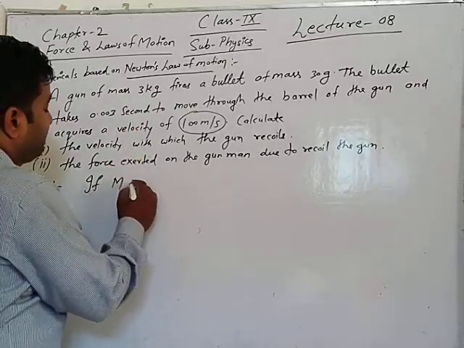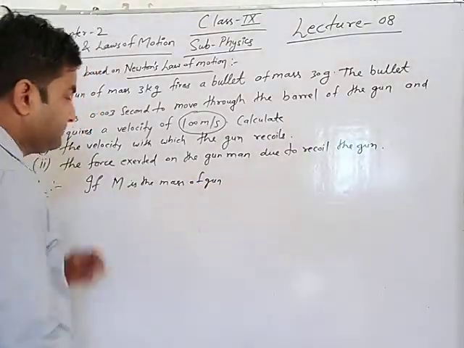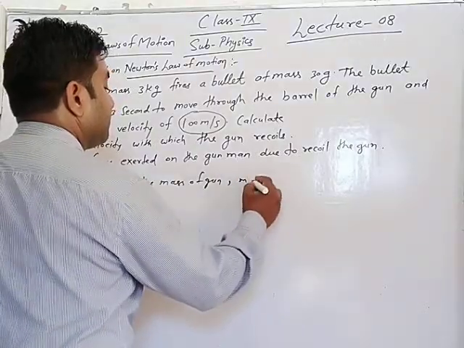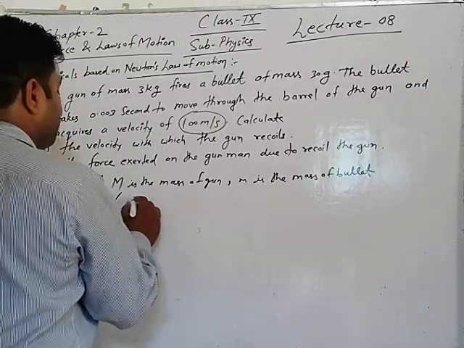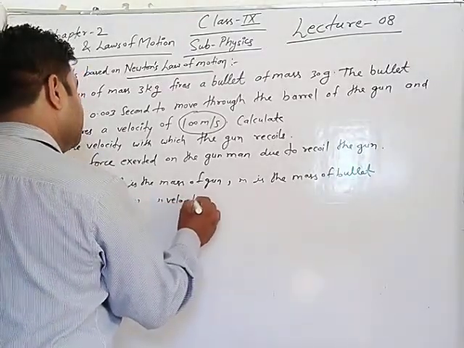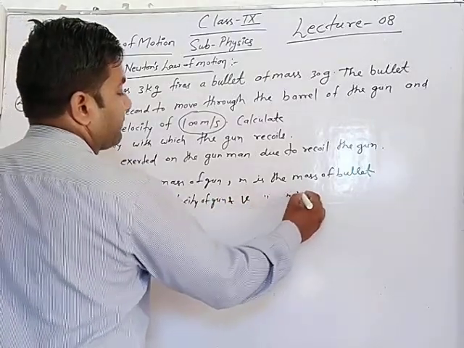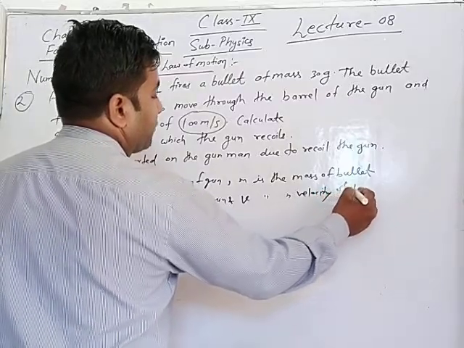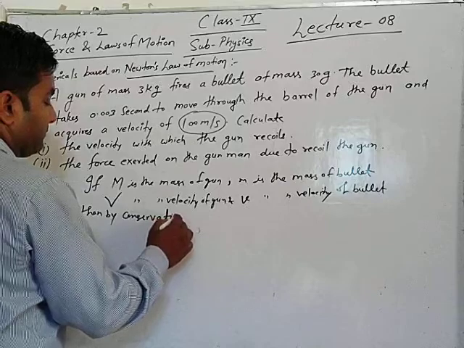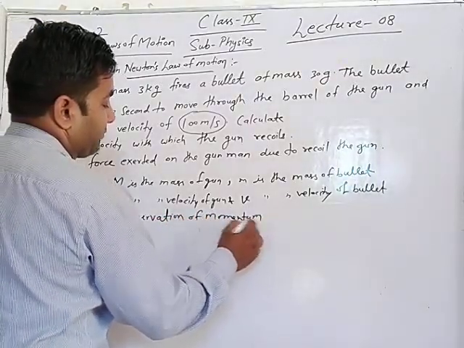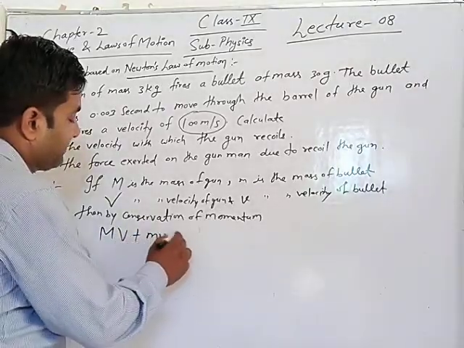If capital M is the mass of the gun, small m is the mass of the bullet, capital V is the velocity of the gun, and small v is the velocity of the bullet, then by conservation of momentum we will write the formula capital M capital V plus small m small v is equal to 0.